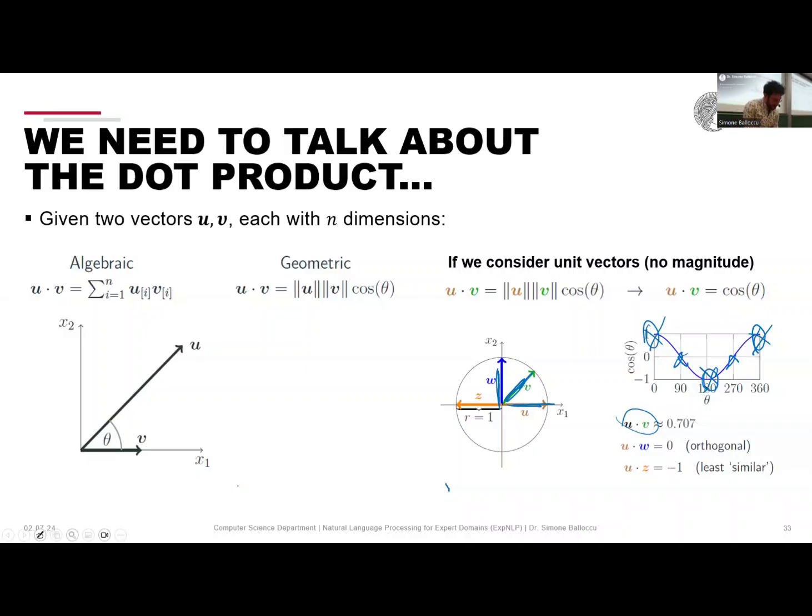If I now get Z, which is completely opposite to U, I get -1. So with the dot product, we can represent how similar vectors are. And maybe you may now see the point that if our words are vectors, the angle can be useful to see how similar they are. Now we're going to see how we get to this.